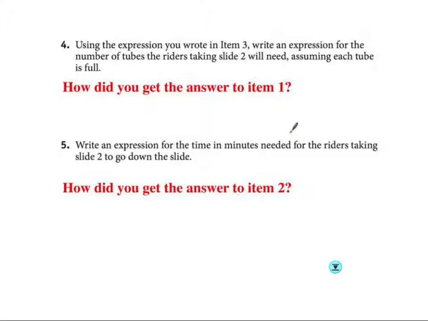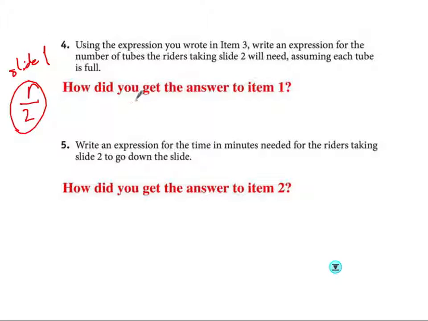Number 4, using the expression you wrote in item 3, write an expression for the number of tubes the riders taking slide 2 will need, assuming each tube is full. This is basically the same thing we did for number 1. We took our number of people and divided by the number of people a tube holds, which is 2, and that gives us the number of tubes for slide 1.